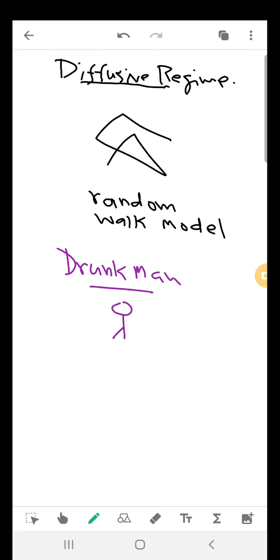This drunk man can take, say, n steps, each of length L. Whether he will take a step in the positive direction, forward, or in the backward direction, that is why we associate a probability with it, that is 1/2.